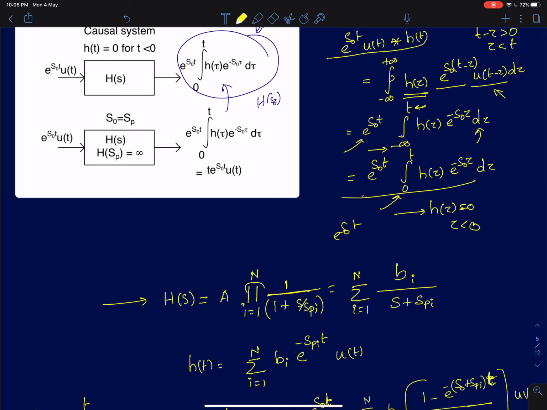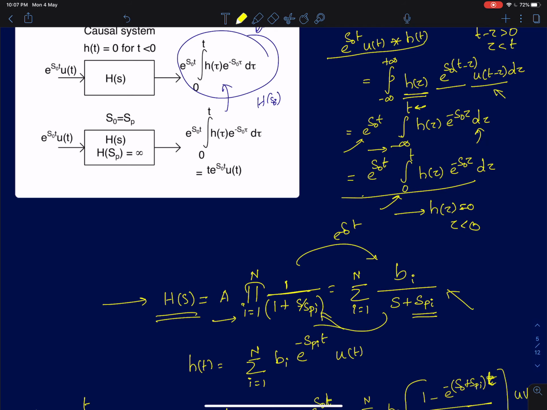The only thing is that the system has n such poles. Then you can represent this using partial fraction expansion as a sum of n first order systems, where the pole of each of them is one of the poles of the system h of s.